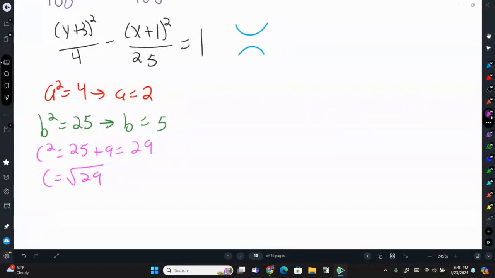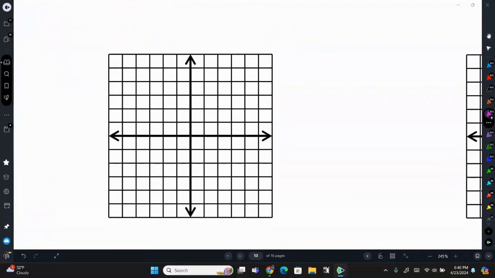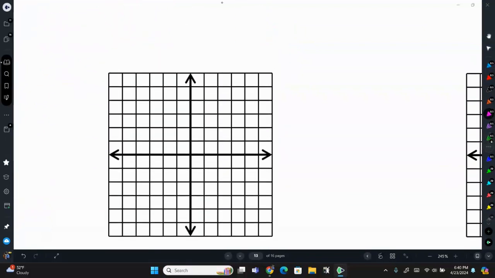So now let's go ahead and draw this. Our center is at -1, -3. And our a value is 2. So we're going to go up and down 2, because this is a vertical hyperbola.